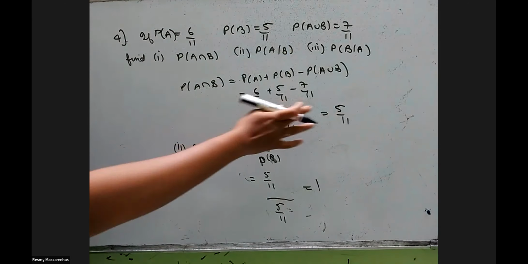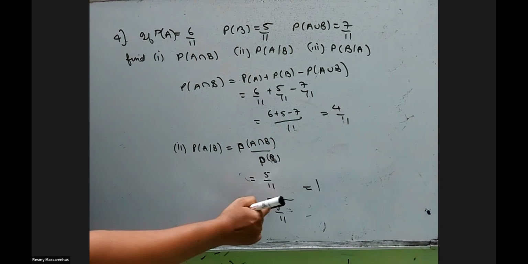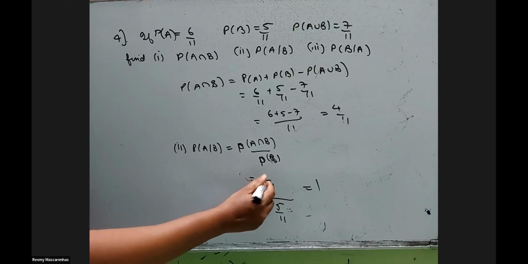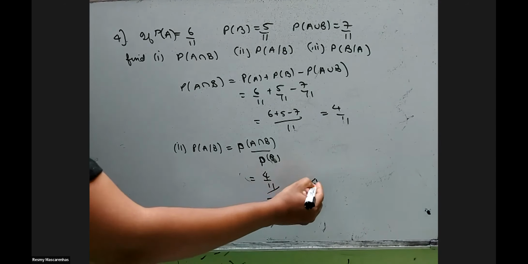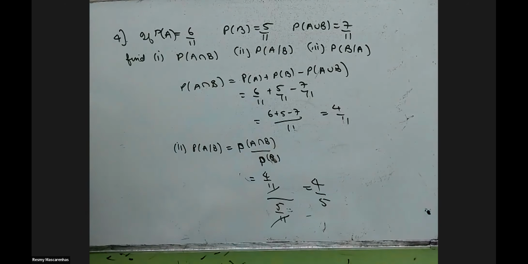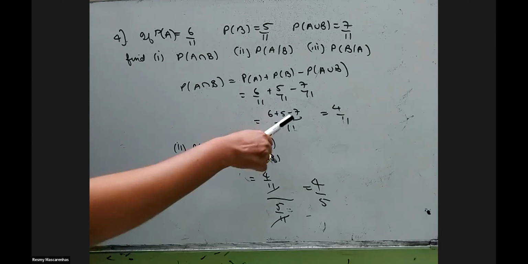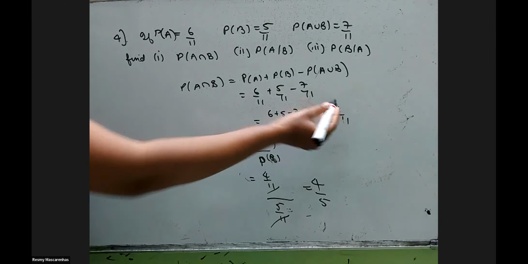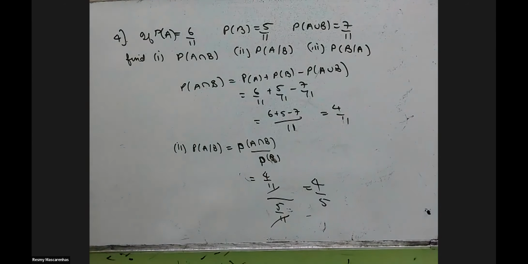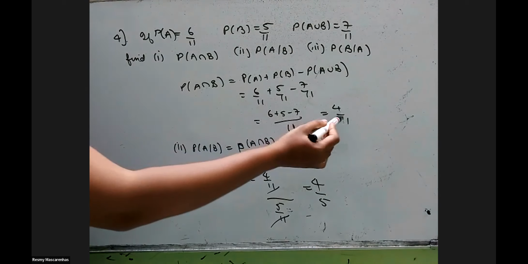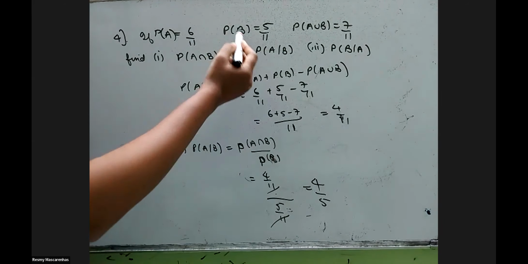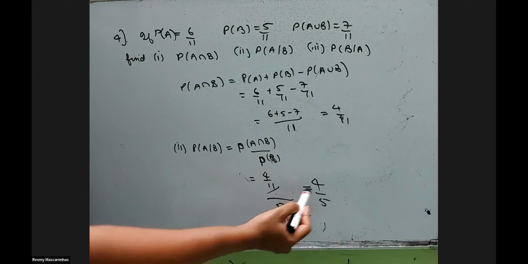Yeah, wait 1 second. This is 4, by mistake. This is 4. 11, 11 will cancel. 4 by 5 will be the answer. This is 11 minus 7, no? I did 12 by. So this is 4 upon 11. Just substitute it here. P of B is given as 5 upon 11. 11 is cancelling.